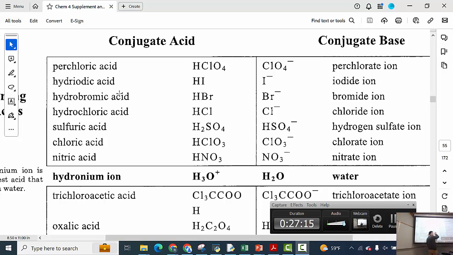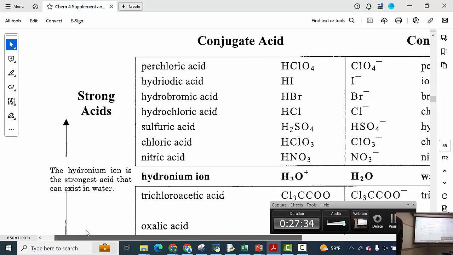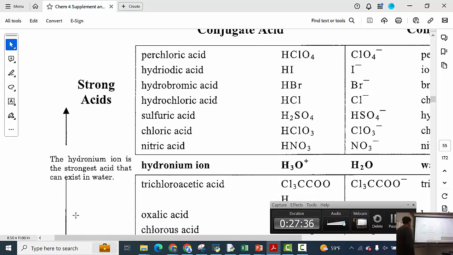And so these acids are too strong to exist in water, because they're all going to go downhill to form hydronium. And so what we say is that hydronium ion is the strongest acid that can exist in water.